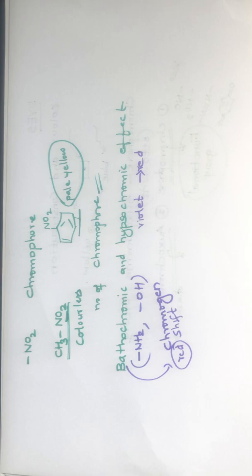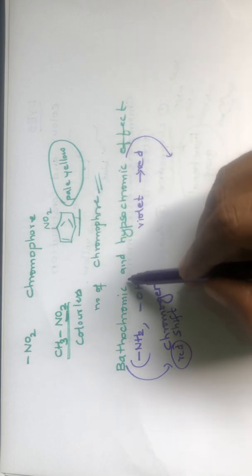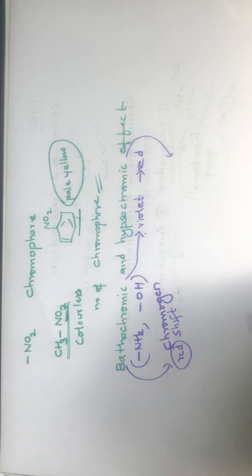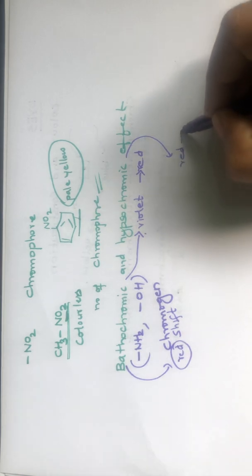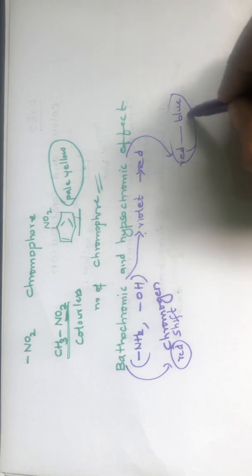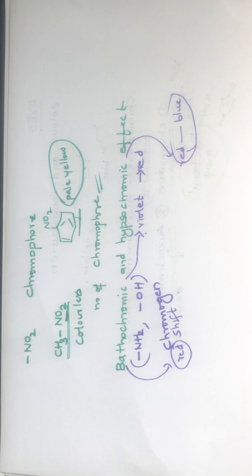There are certain groups which bring about the opposite effect and shift the absorption band from red to blue, that is from higher wavelength to lower wavelength. This shift is called a hypsochromic shift or a blue shift.